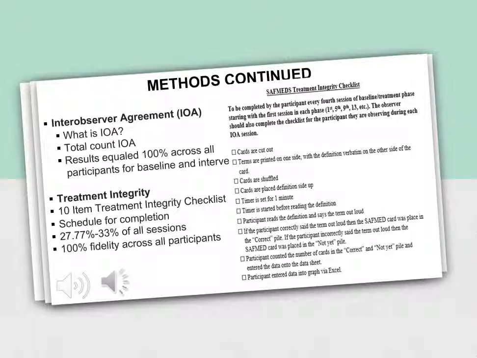While individual number of sessions across baseline and intervention varied, we had a range of 27.27% to 33%, and an average of 29.06% of sessions in which treatment fidelity was examined. Further, fidelity data for all sessions across all participants amounted to 100%.